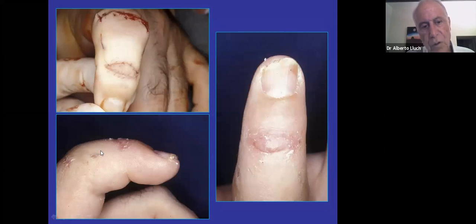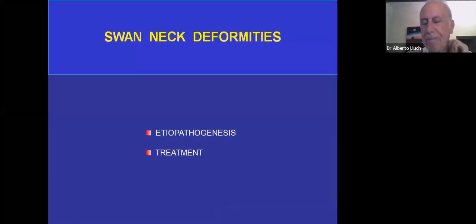The joint was fused, obviously. This is the entrance of a K-wire. Here we can see the entrance of another K-wire. And then the skin obtained from the dorsum of the PIP joint is used to graft the dorsum of the DIP joint. And this, I think, is the best way to treat a very severe boutonniere deformity.